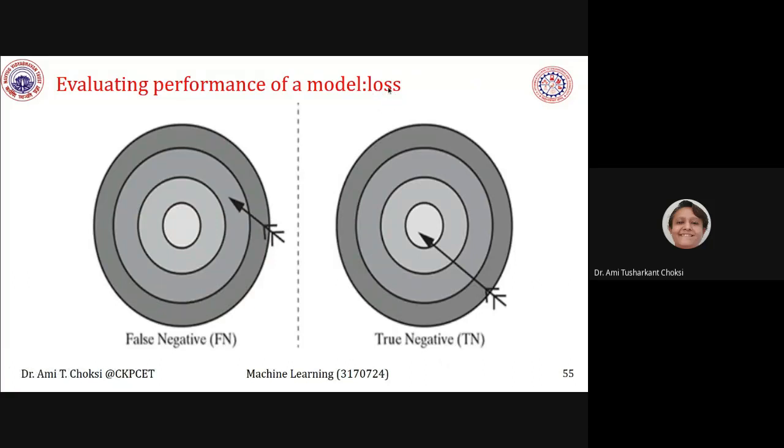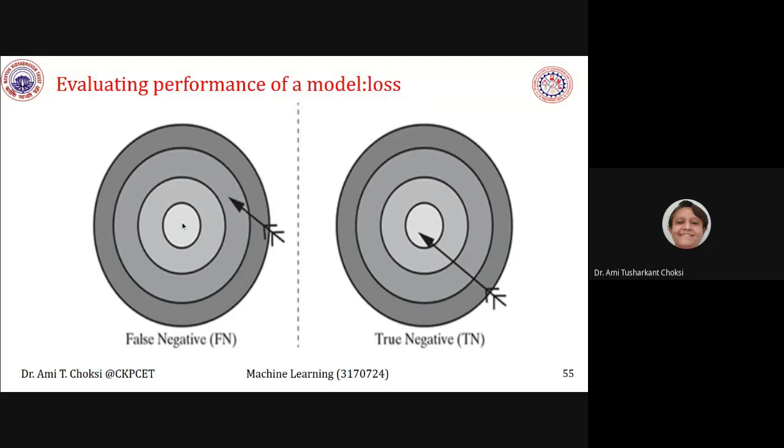Okay. Here you can see this is loss, right? When this arrow is there in the center, at that time only we win. So this arrow is loss and this is predicted also loss.